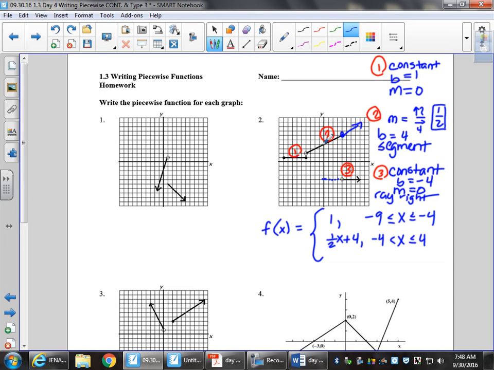So mentally delete this piece from your mind for a second, okay? If this was a ray in this direction, its equation would still be 1/2 x plus 4. But we are restricting the possible x values to start beyond that y-axis and keep going. So when we write the expression down here as part of our piecewise function, we have to respect what the original function would be without a restriction, and then we are stating, but this is the restriction on it. Follow? Good, great question.